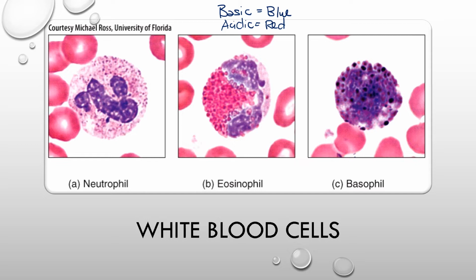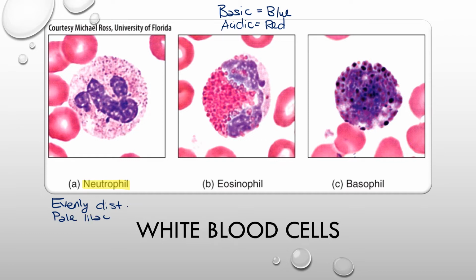So first off here we have the neutrophil. The granules of the neutrophil are going to be smaller than those of other granular leukocytes. They're also going to be very evenly distributed, and they're going to be a pale lilac color.